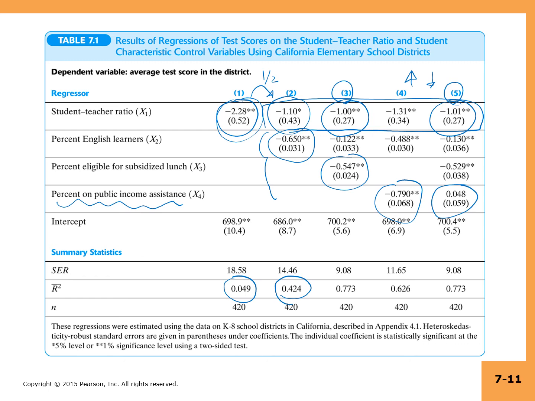In addition, the adjusted R-squared also remains constant, meaning that the percentage of public income assistance doesn't seem to add that much to the model, so it seems redundant.